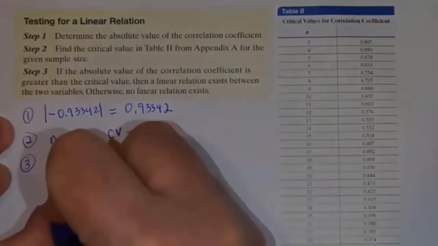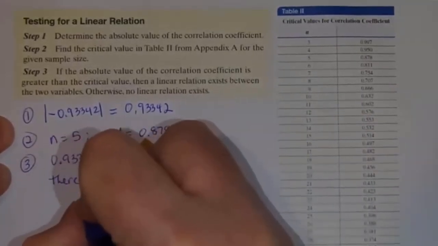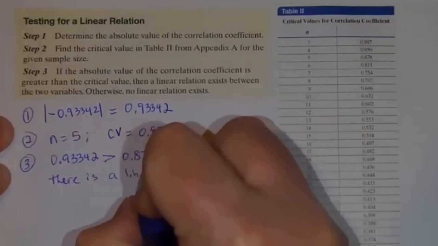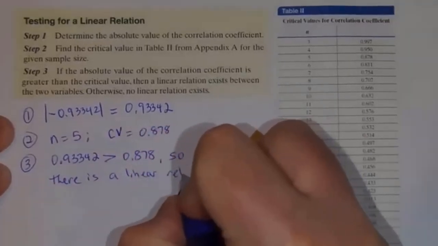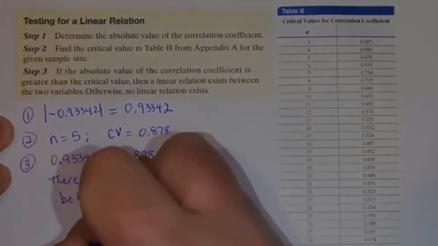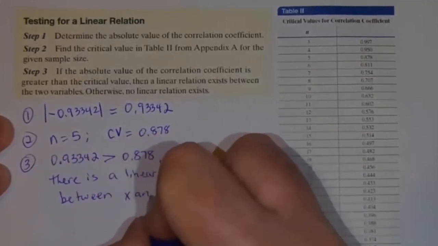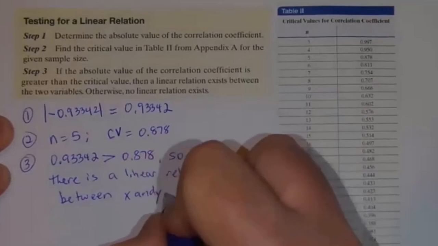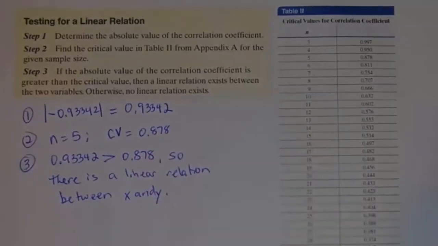So there is a linear relation between X and Y. So this removes the subjectivity.